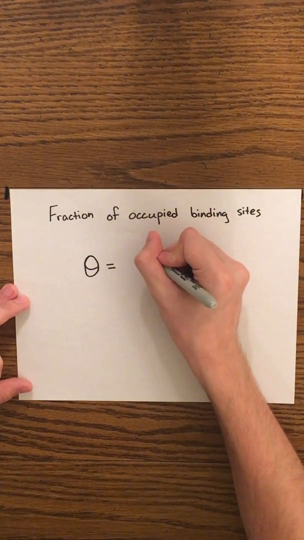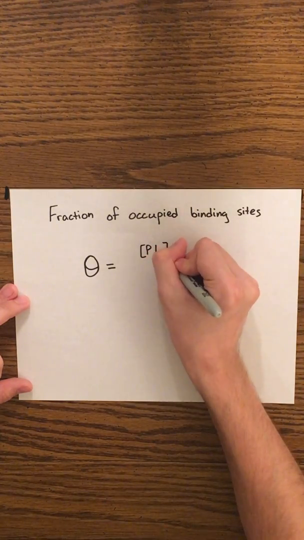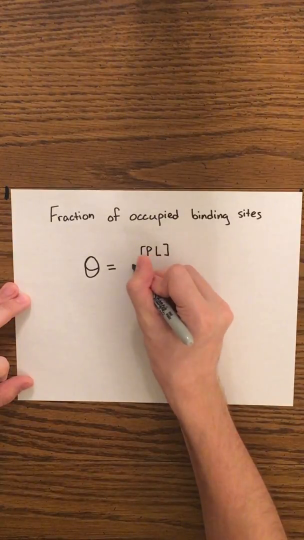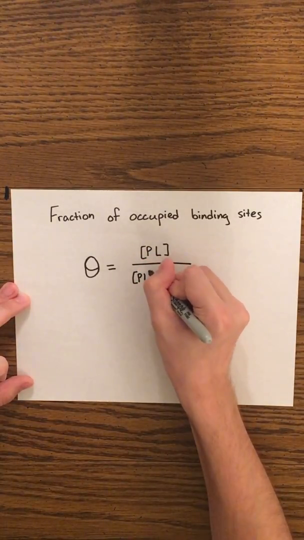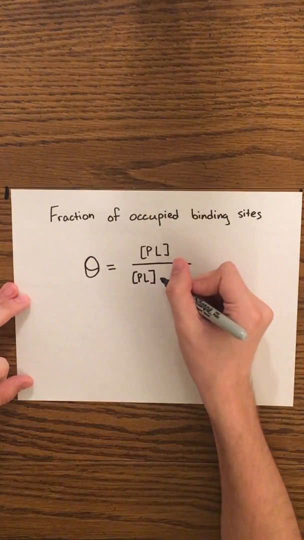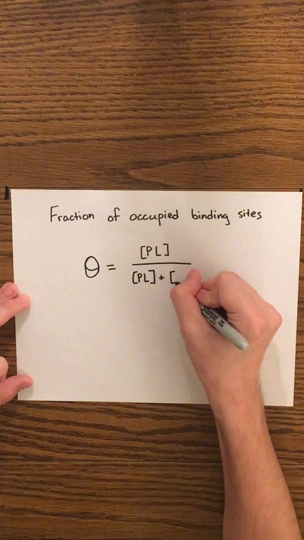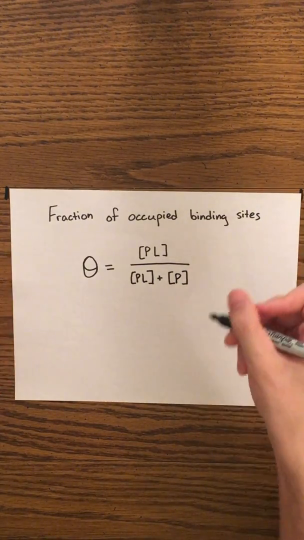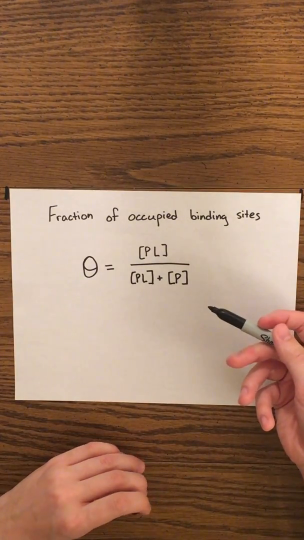That's going to be the concentration of our protein-ligand complex over the concentration of the protein-ligand complex plus the concentration of unbound proteins, right?